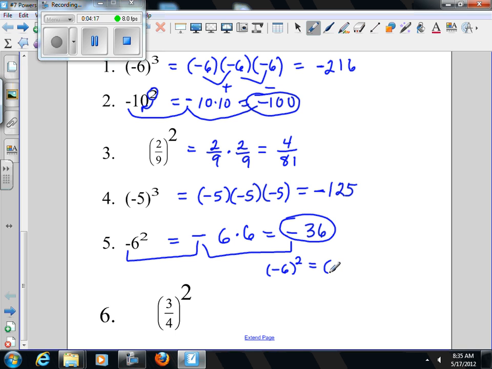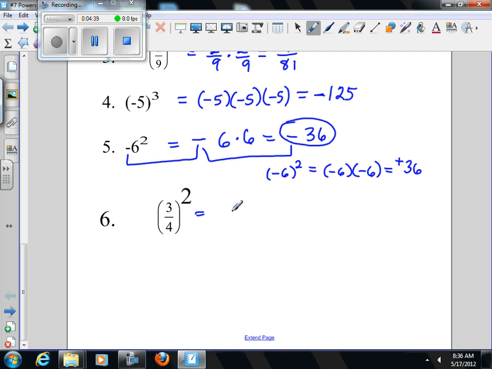That would have meant negative 6 times negative 6. Now, a negative times a negative gives you a positive. So we have a positive 36. If the negative's in parentheses, it's going to be multiplied. If not, it's just going to be dragged along.